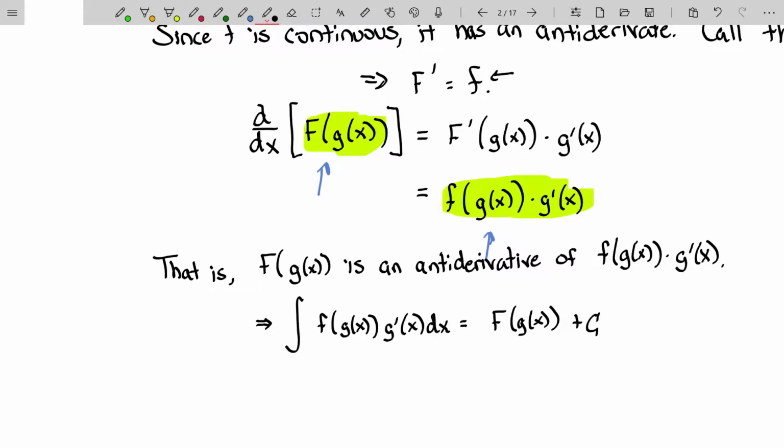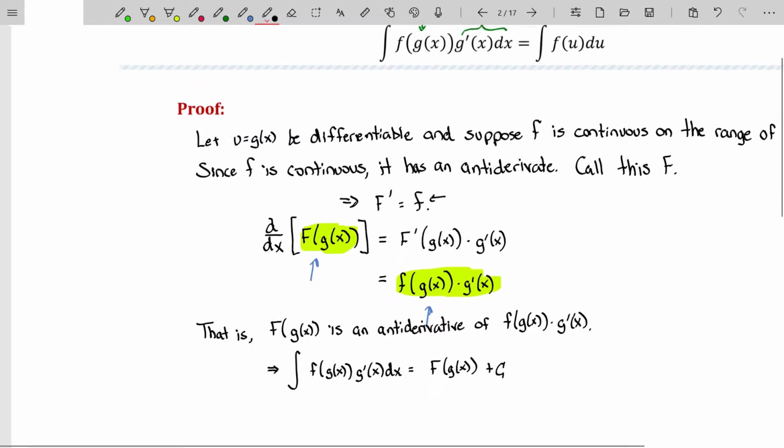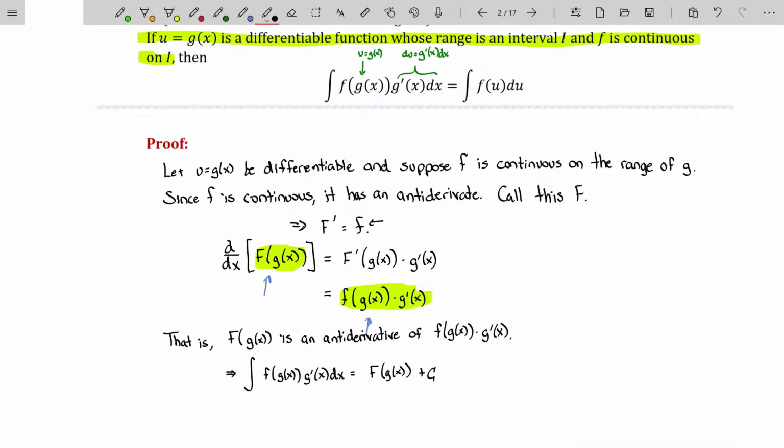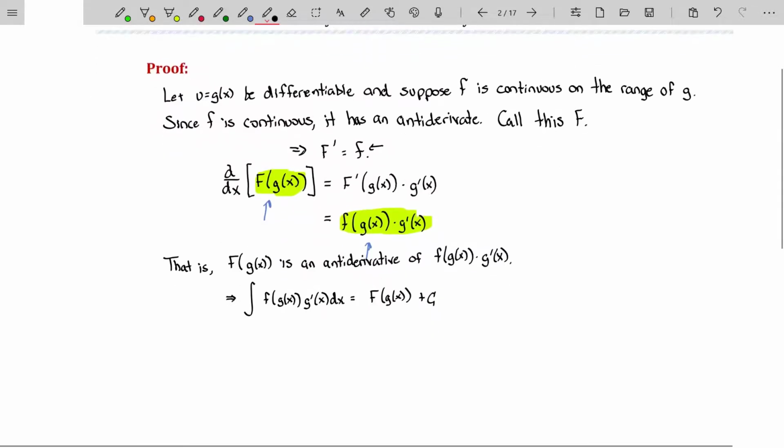Now let's compare with where we want to end. So we want the integral of little f of g of x times g prime of x dx to turn into the integral of some f evaluated at u times du. Well, that's actually not too terrible to do. All you need to do is let u equal g of x. So let's go ahead and do that.